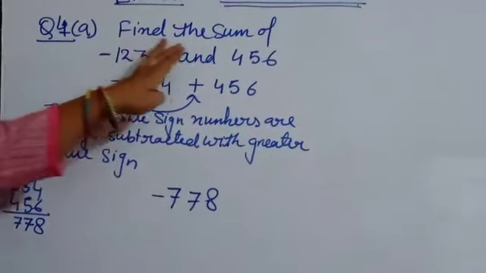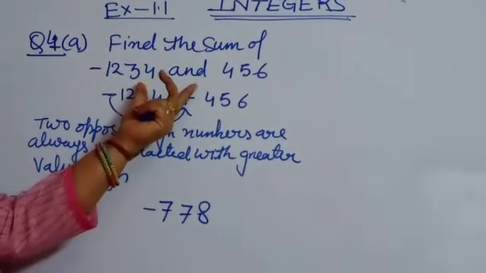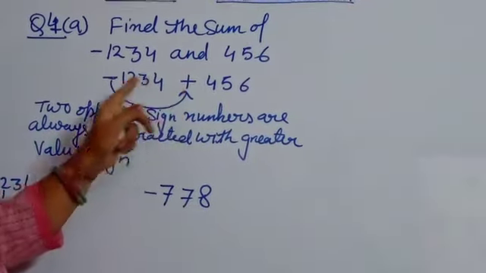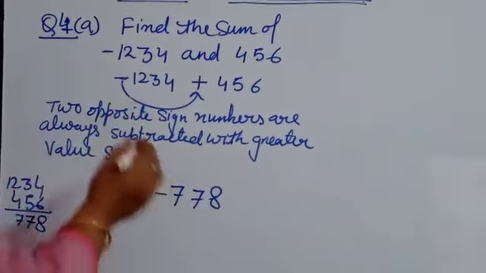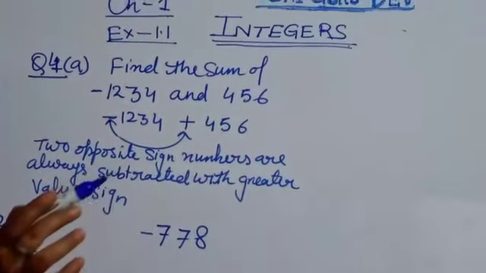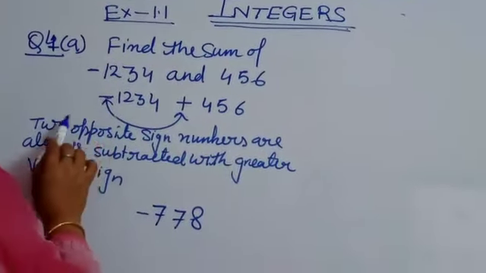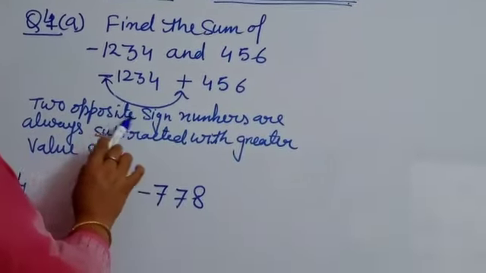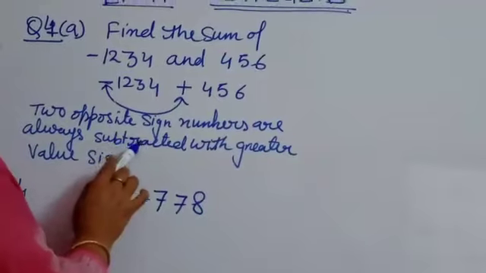See, find the sum of, we were having these numbers. What we have done for the sum, we take the plus sign. Then we have applied the rule. I have made an arrow sign so that you may understand which sign we are talking about. Just see that two opposite sign numbers: one is plus and another is minus. Two opposite sign numbers are always subtracted.